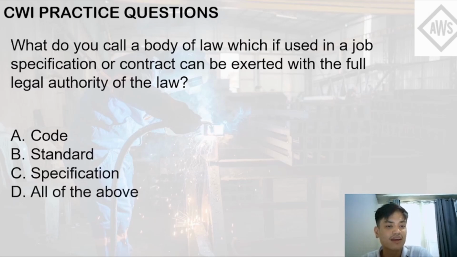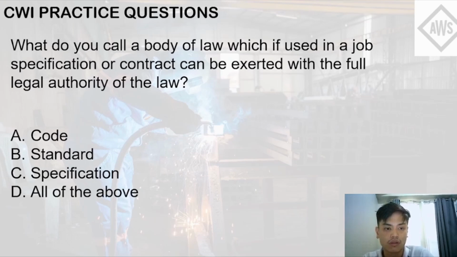So basically, a standard is a reference document to which the specification of an equipment, or in this case a weld, is compared to see if it complies with the acceptance criteria. The specification is just a list of parameters.